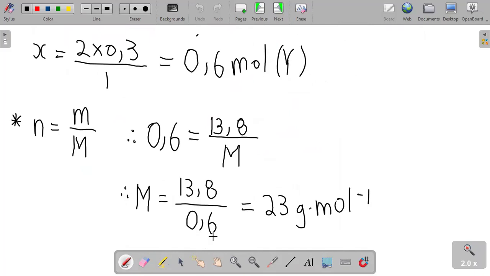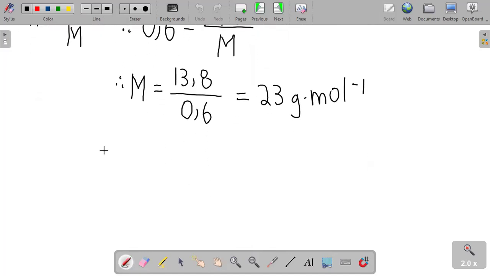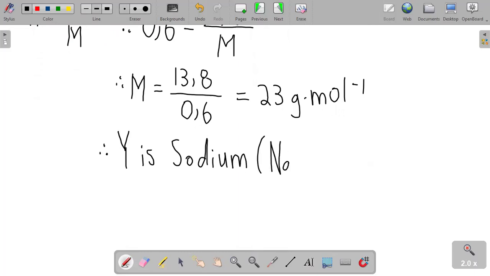So this means that Y is sodium, Na. Why is it sodium? Because this is what we get, 23, and we saw that 23 is sodium according to the periodic table.